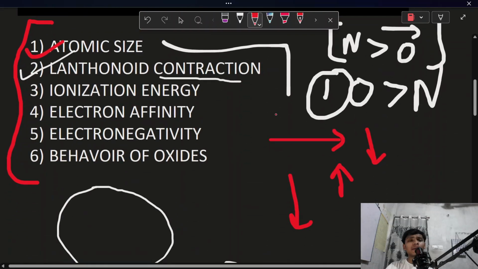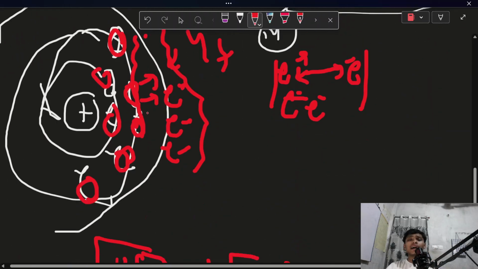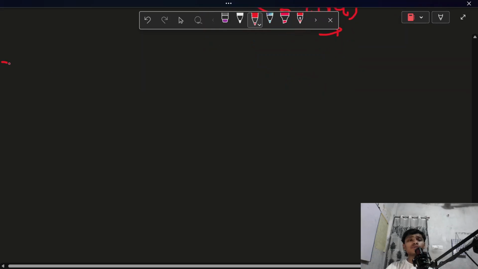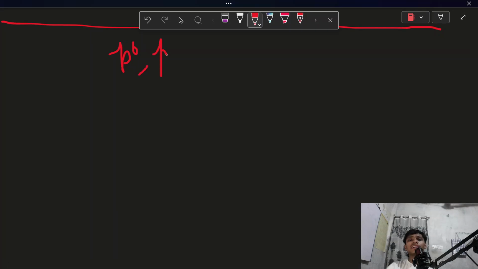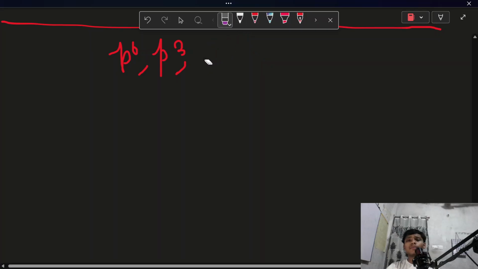Our second topic is ionization energy. Usually ionization energy used to have a lot of exceptions, but I used to solve them with the concept of half-filled or fully filled subshells. For example, if we are having p6, p3, or let's say d5. I was not able to write d5 properly.